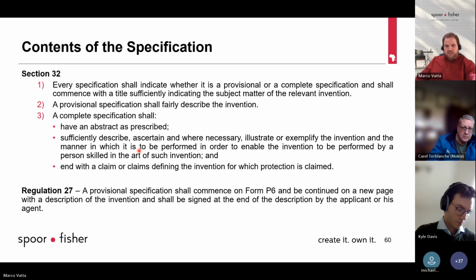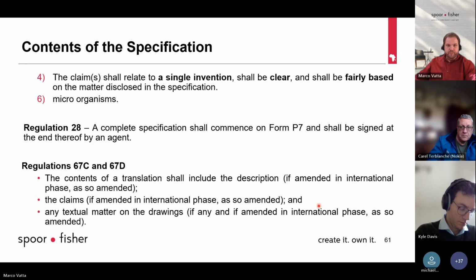Then, as Carl asked this morning, the difference between a provisional and complete, the major difference being that a complete specification must be ended with claims or set of claims that define the invention for which protection is claimed. Then section 32(4) mentions that the claim shall relate to a single invention.